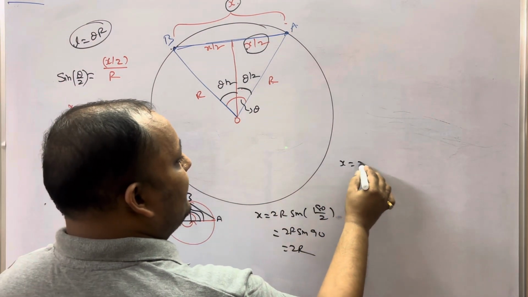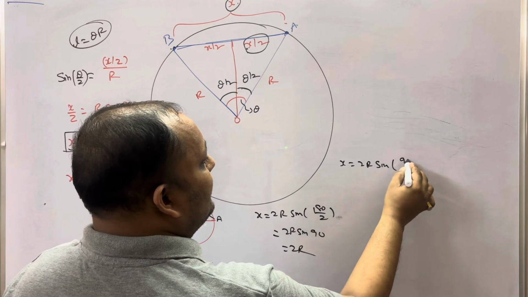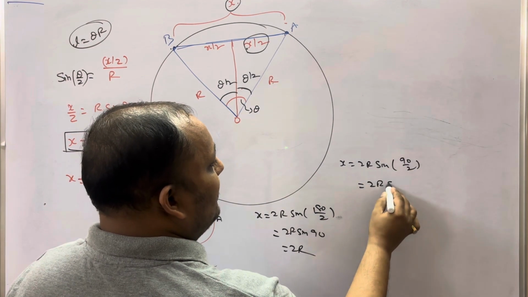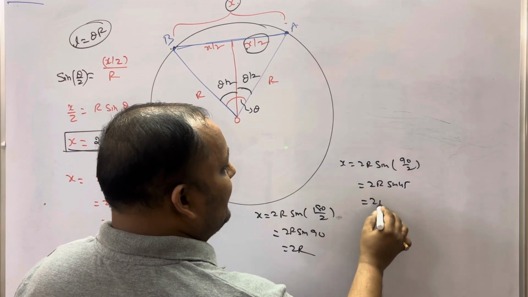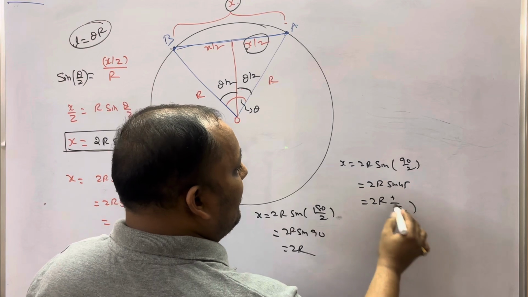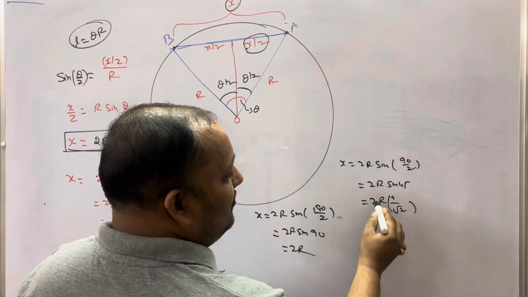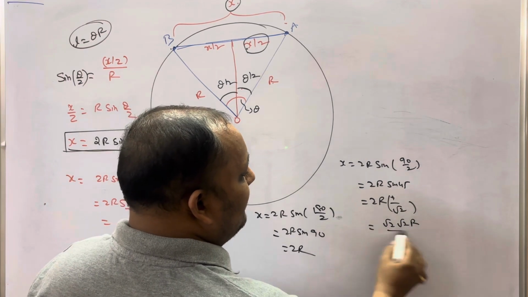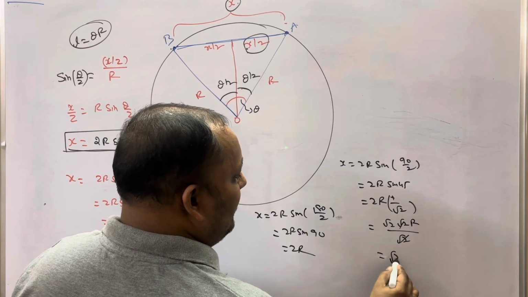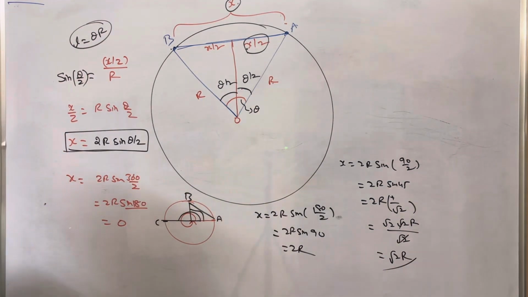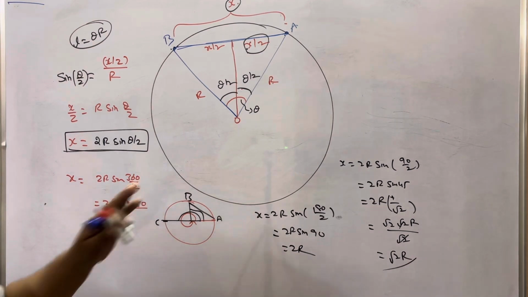Therefore, x is equal to 2r sine 90 by 2, so 2r sine 45. What is the sine 45 value? 1 by root 2. So 2 can be written as root 2 into r by root 2. Therefore, root 2 r. So like this we are calculating distance and displacement.